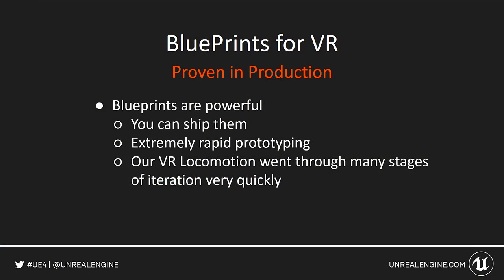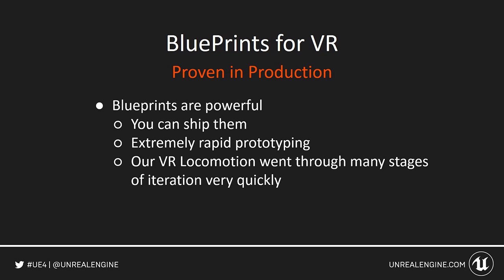And yes, you can ship blueprints, but probably for VR, we think the biggest strength is in rapid prototyping. An example of this is our VR locomotion system. I'm not sure if the frame rate was quick enough, but we're using a mechanic we call the sprint mechanic.